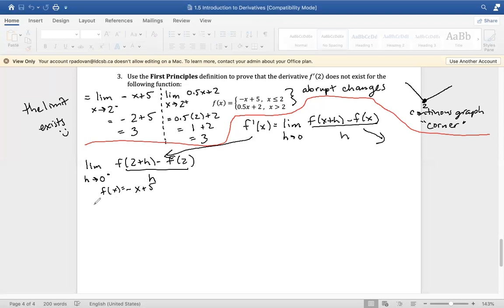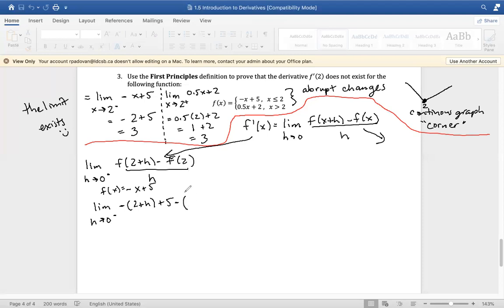So here I have my limit as h approaches 0 from the left, still mentioning from the left. So starting with this original equation, negative, and my x value is now 2 plus h, plus 5, minus f at 2.